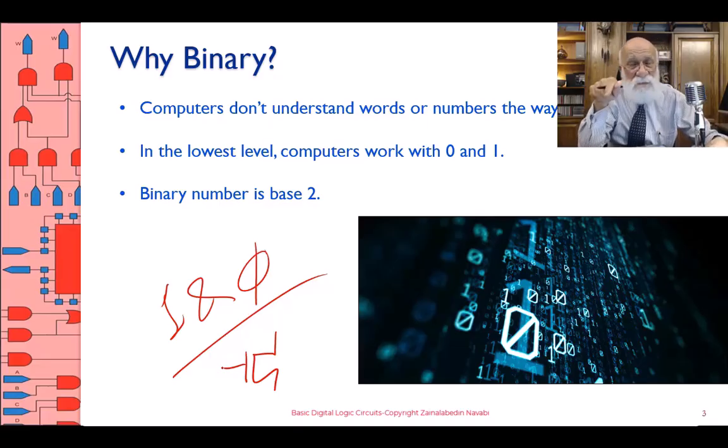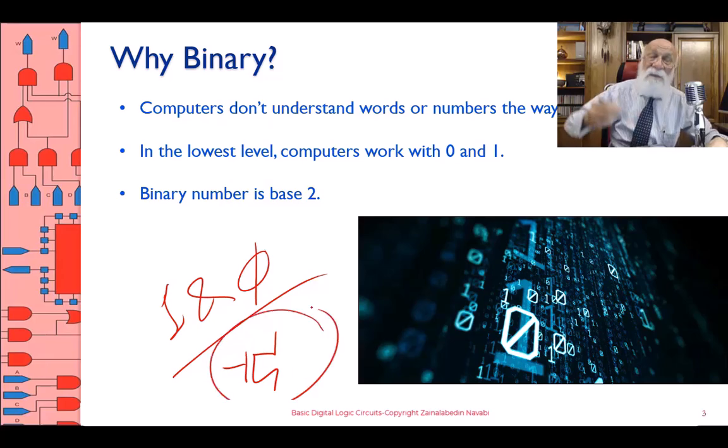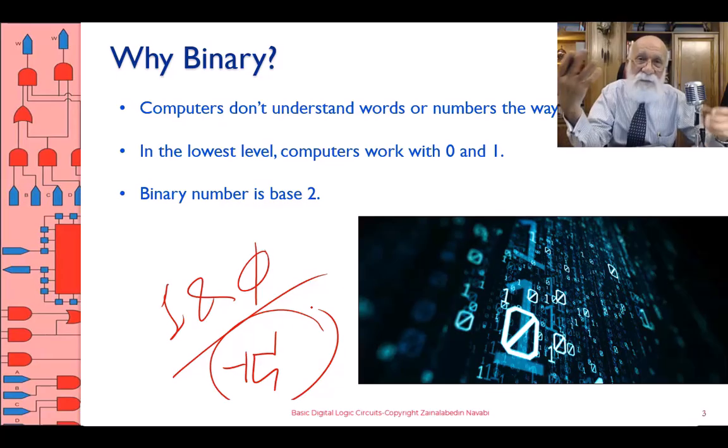Transistors behave as a switch, on and off, two states. Therefore, everything in a computer system is based on that two-state system, and therefore on 0 and 1. And therefore, everything must be represented in the form of binary. And that's the reason for it.